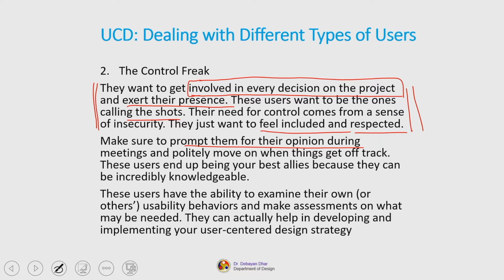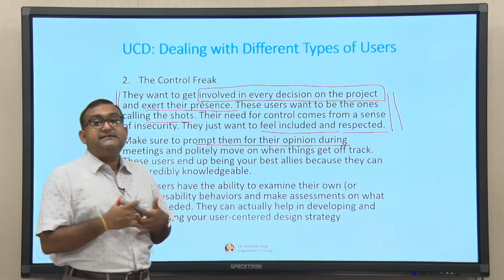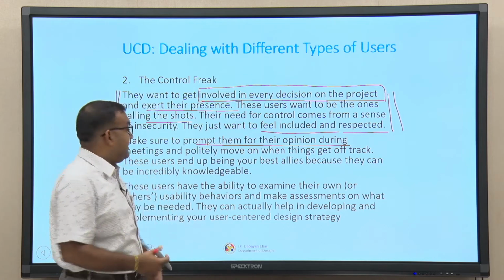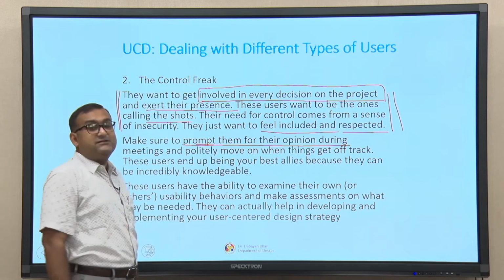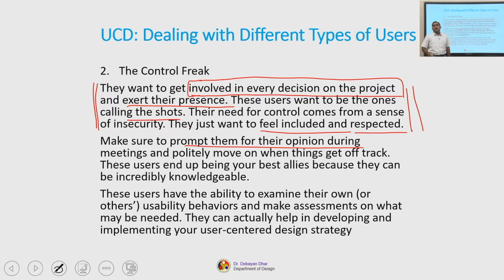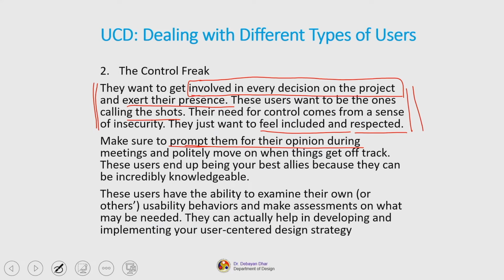So you must make sure that the sense of inclusion into the project is communicated to them. And how do you do that? When you prompt or ask for their opinions during meetings and discussions, they feel that you are giving them importance.